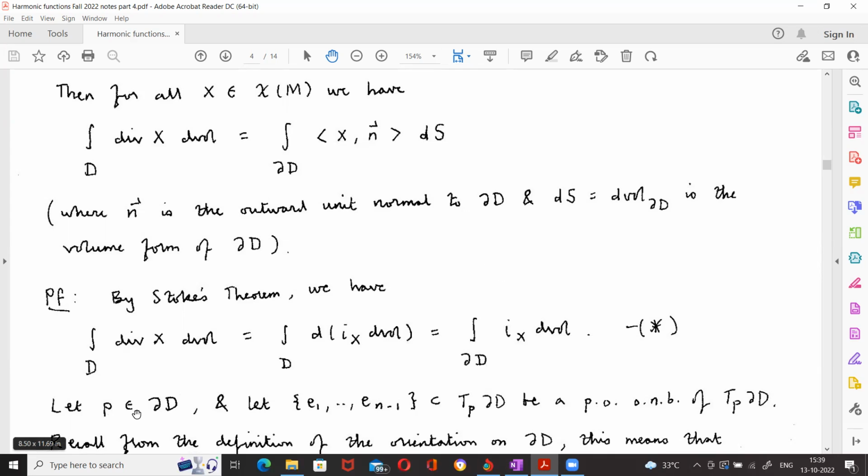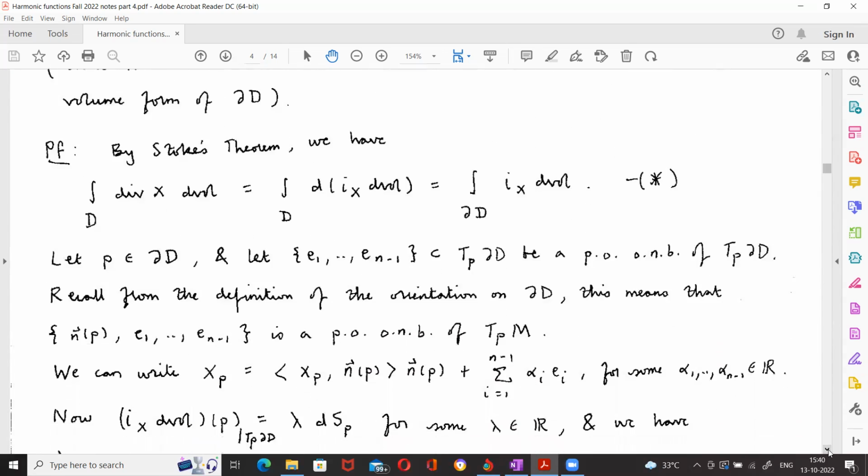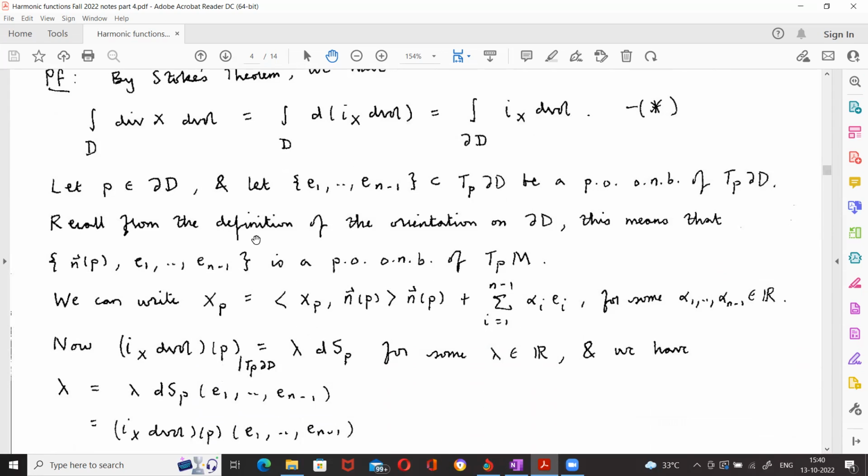Let P be a point in boundary D, and let E1 to En-1 be a positively oriented orthonormal basis of the tangent space to boundary D. Positively oriented means, from the definition of the orientation on boundary D, that N at P together with E1 to En-1 is a positively oriented orthonormal basis of T_P M. This is how the orientation on boundary D was defined.